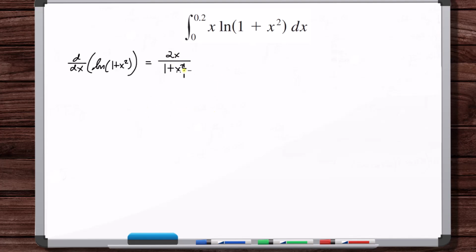So if we can get a power series representation of this, then we can integrate the power series to get the integral of the natural log of 1 plus x squared, but that doesn't seem like the point, right? We're looking for the integral of x times natural log of 1 plus x squared.